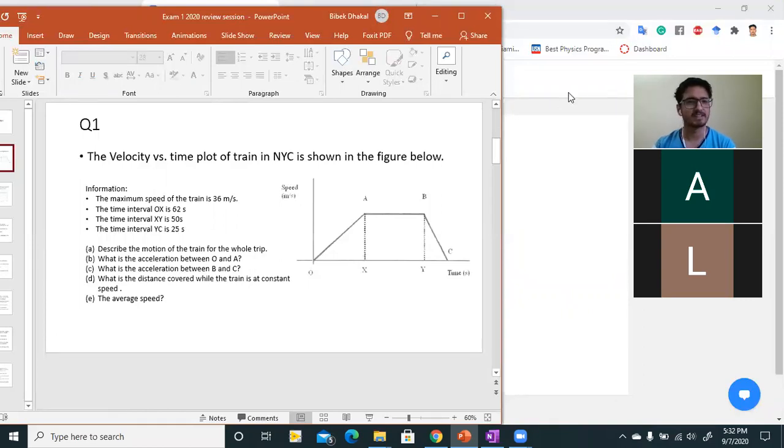Sorry. Yeah, that's why. So the first problem that we'll be solving is the velocity versus time plot, a graph-based problem. Basically here you can see that the train starts from rest, and the speed of the train increases, and it reaches a maximum at some point, and it continues to go straight with a constant velocity in a straight path for some time, and it decelerates and comes to zero again.